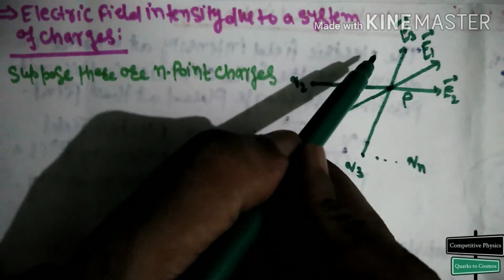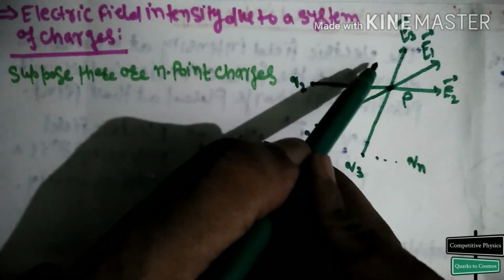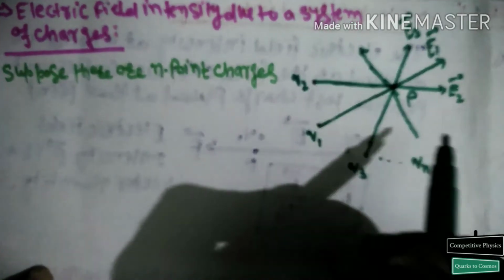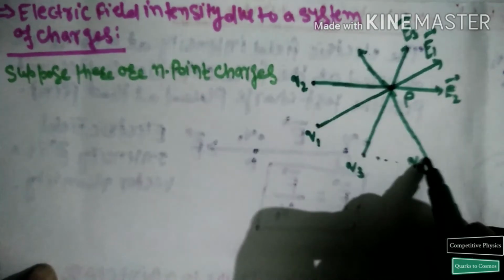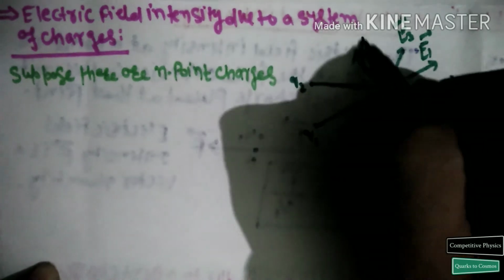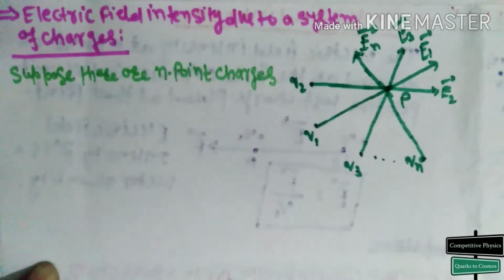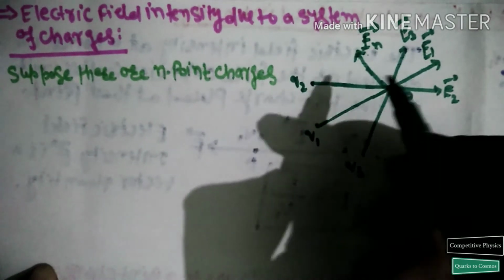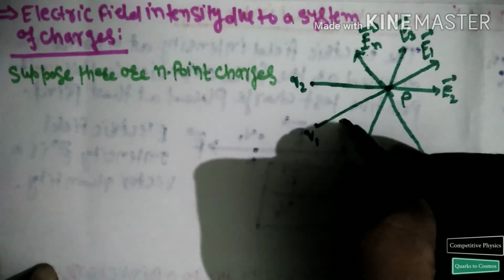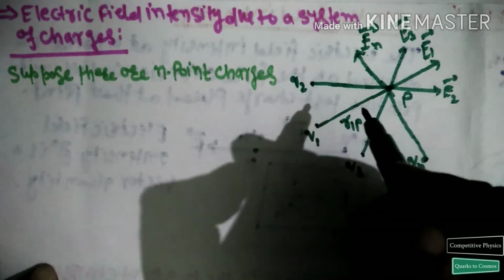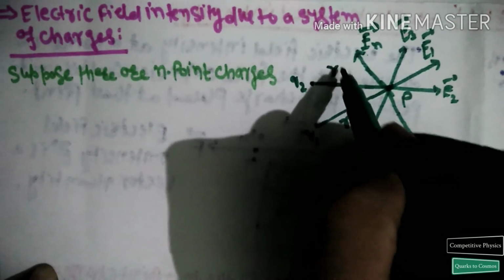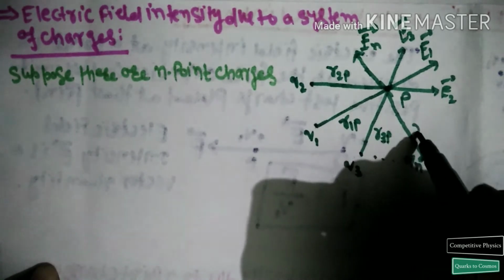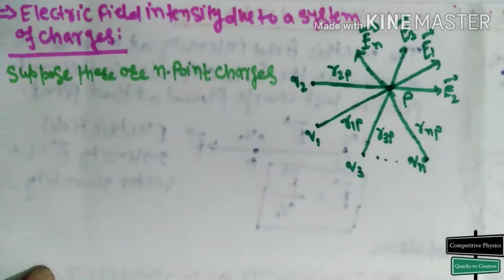Similarly, due to the nth charge, the direction will be somewhere here, so this will be suppose En. Let us suppose this distance is r1p from 1 to p, this is r2p, this is r3p, similarly, and this will be rnp.